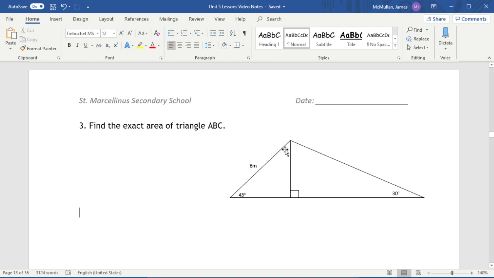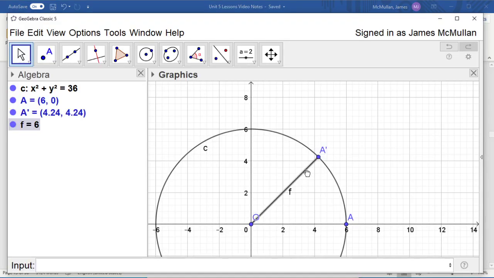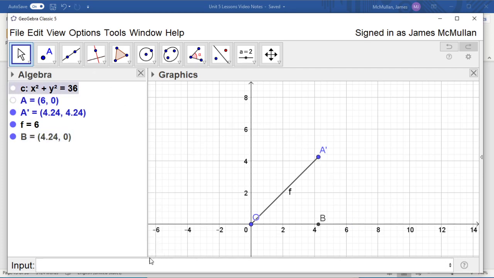This is 6. Now we know that this drops straight down, so let's make a new point here, X of A prime and 0. So there's our point. Can hide this one. We don't need it. We don't need the circle either. And then we have a third point C, which is out here, and that measures a specific angle.